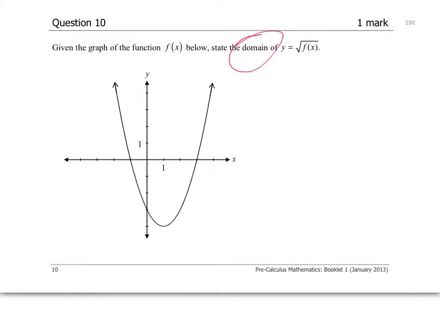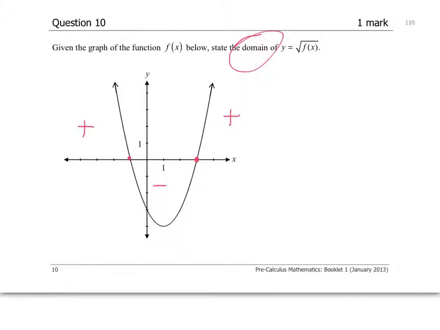So when it comes to the domain, we want to look at how it's going to be broken up, right? The first y is positive, then y becomes negative, and then y becomes positive again.